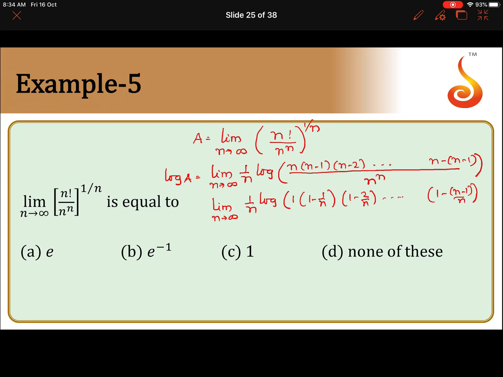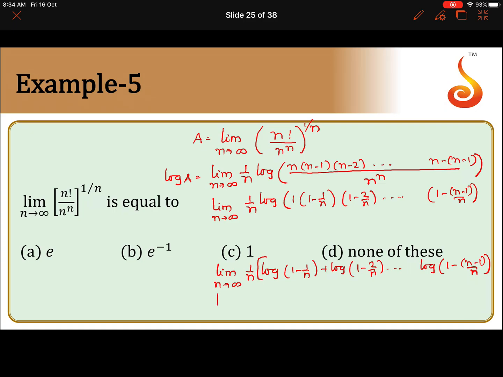So same can be written in summation form, limit n tending to infinity 1 by n log of 1 minus 1 by n, we separate it, plus log of 1 minus 2 by n and so on log of 1 minus n minus 1 by n.